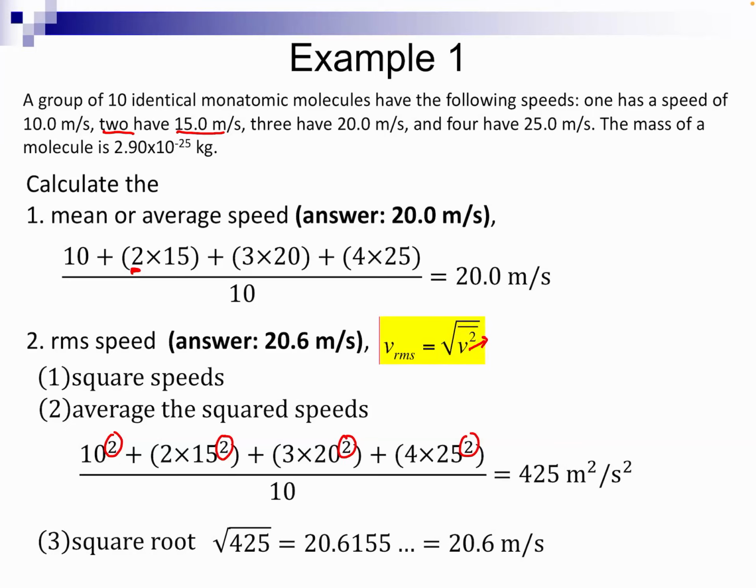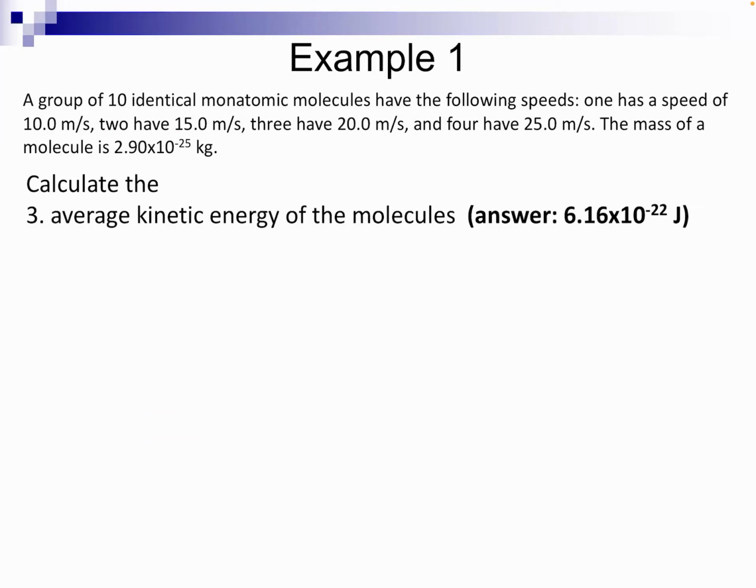Once you have the RMS speed, you can then calculate the average kinetic energy of the molecules, because average kinetic energy is 1/2 mv squared average. So we're getting the average of the squared speeds.